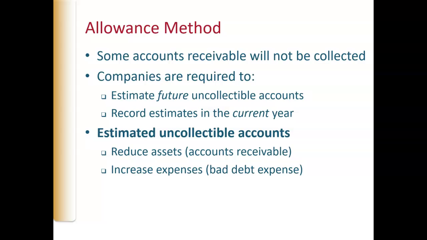Why do we do this? Remember, in accounting, we're supposed to match our revenues with our expenses. We match the revenues with what it costs us to create those revenues.